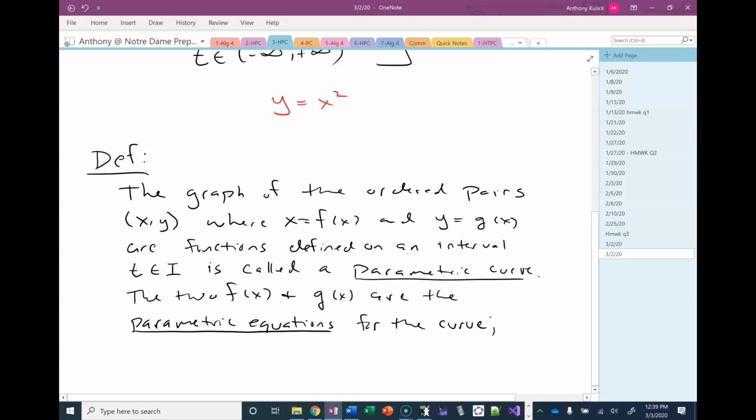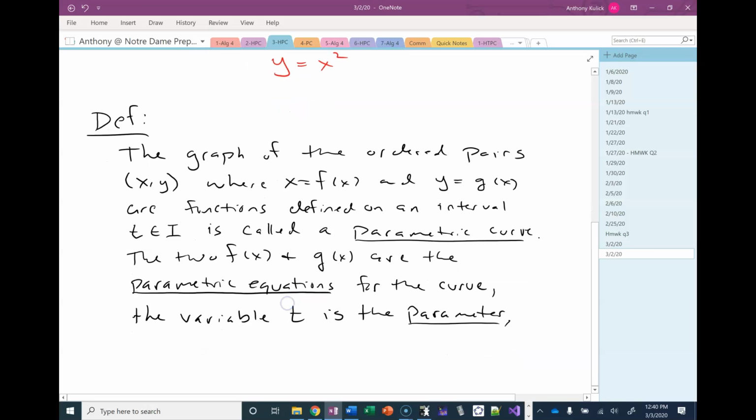We say the variable t is the parameter. And we say I is the parameter interval.